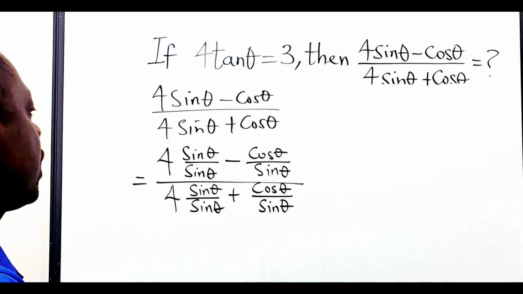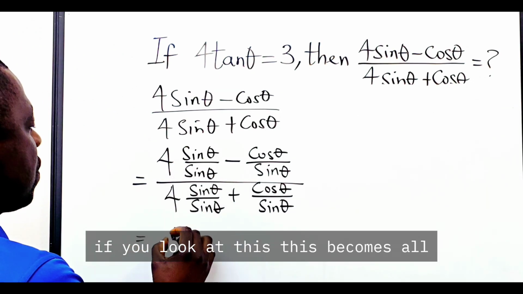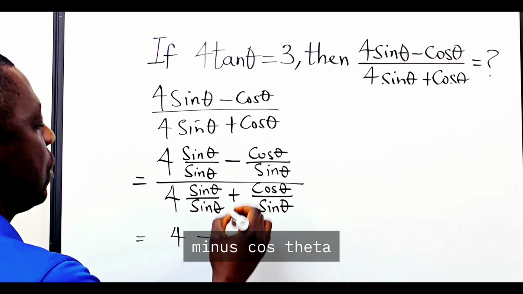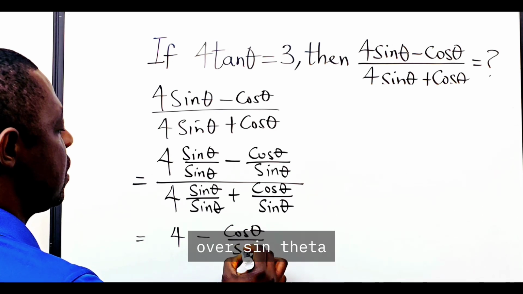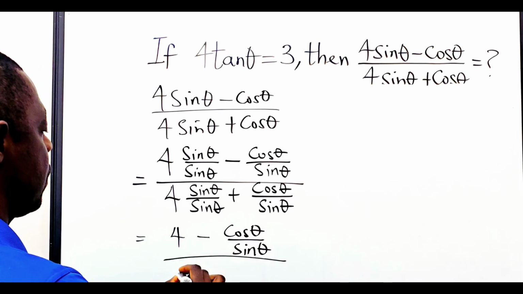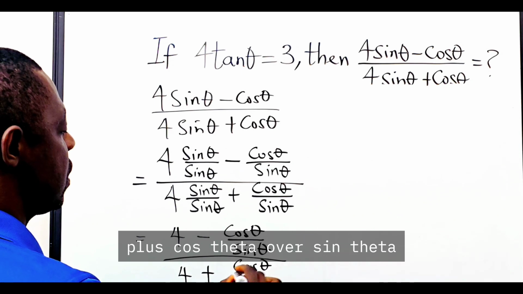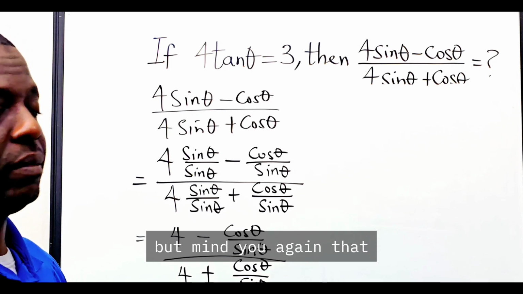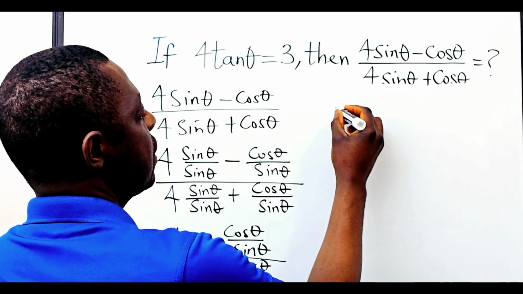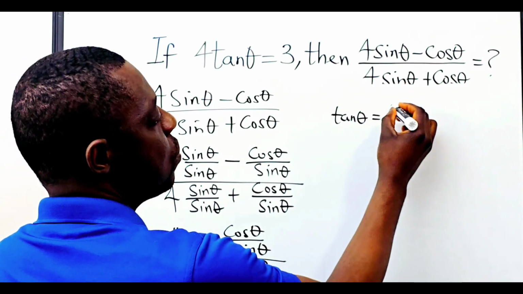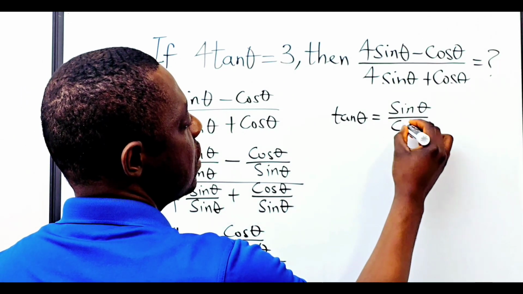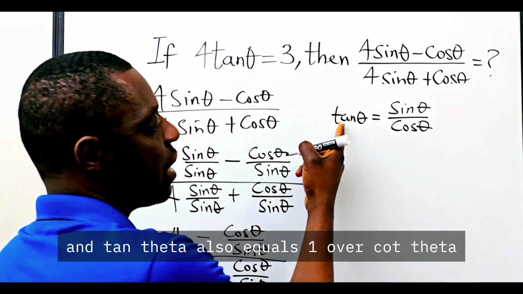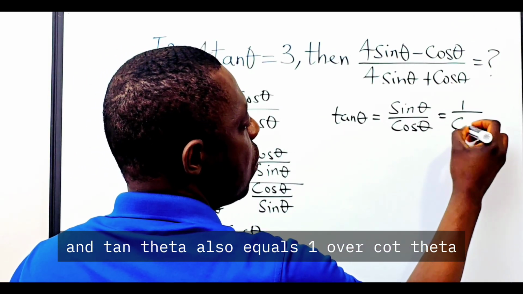So why are we doing this? If you look at this, this becomes 4 because sine theta over sine theta gives you 1. We have this as 4 minus cos theta over sine theta, over 4 plus cos theta over sine theta. But mind you again that tan theta equals sine theta over cos theta, but we have cos theta over sine theta. And tan theta also equals 1 over cot theta.